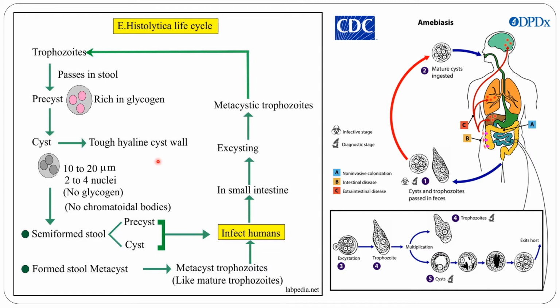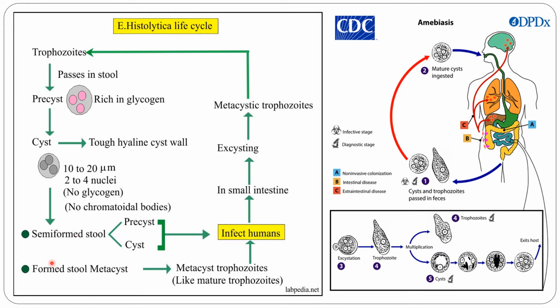Then it measures about 10 to 20 micrometers and has 2 to 4 nuclei. Here there is no glycogen and no chromatoidal bodies, which are present in the pre-cyst stage.